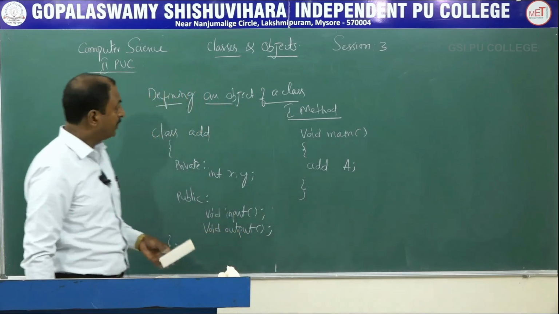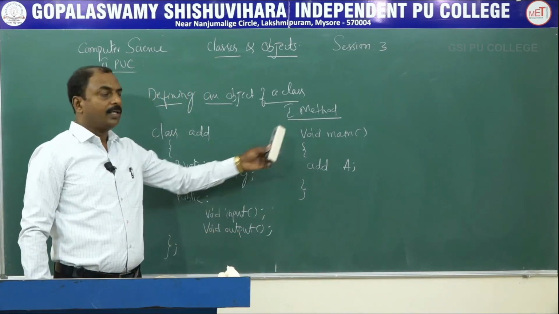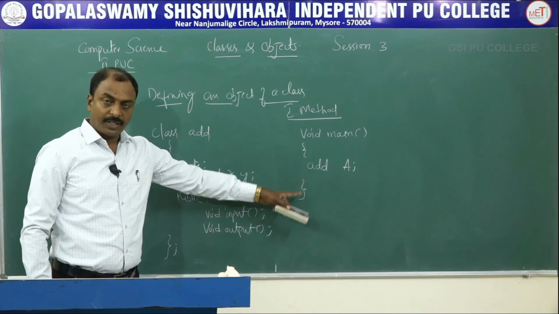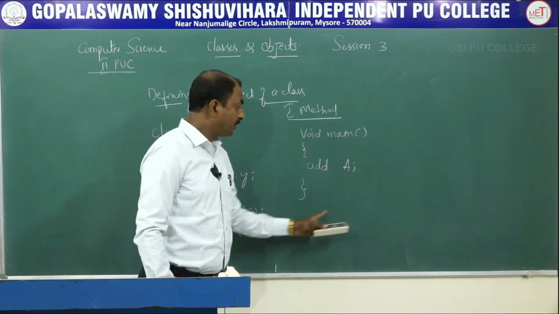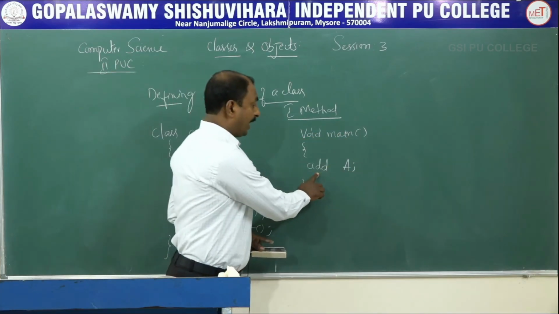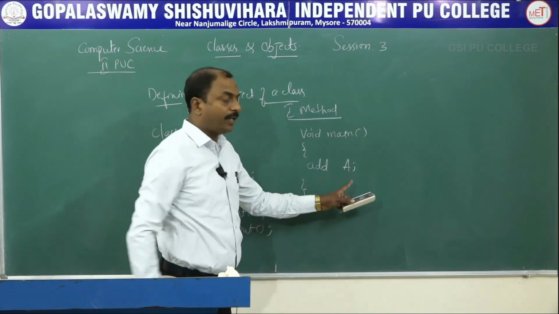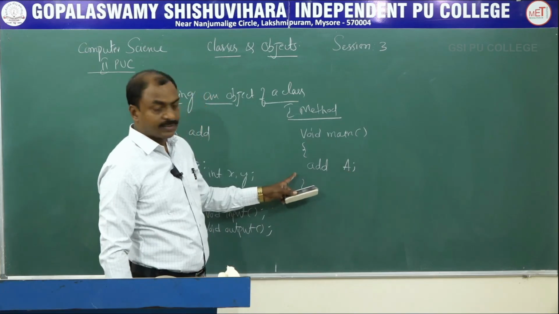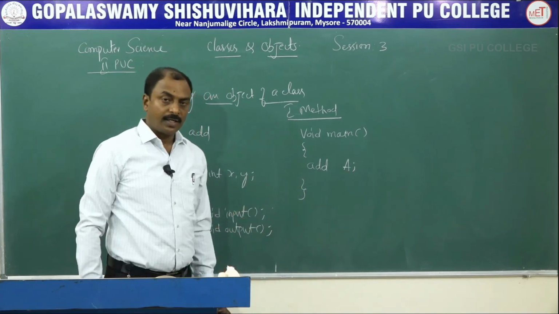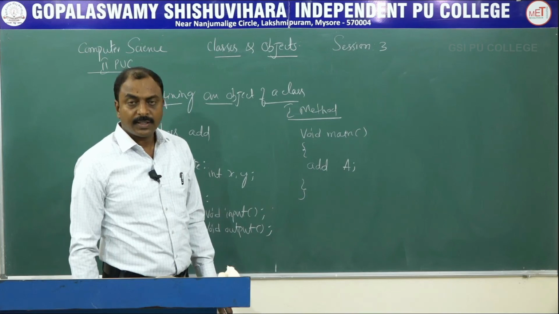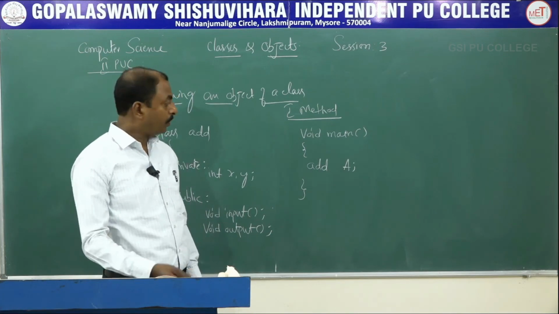So in the first method, the object of a class can be created under the main function. Here it is add, the name of the class, space, variable name, which is a user defined name. So this is an object of a class. Similarly, you can create as many objects as your program requires.